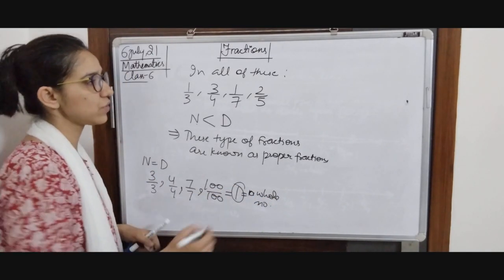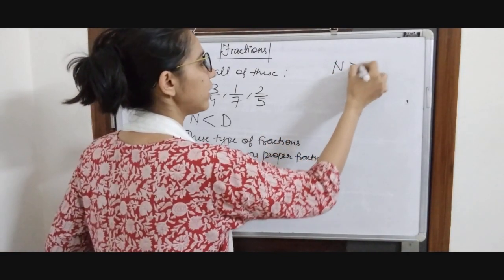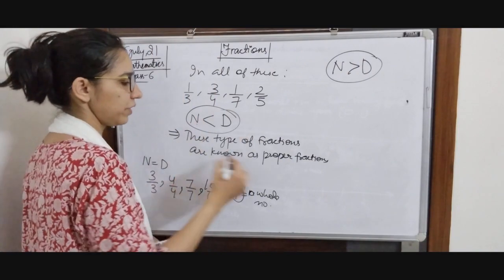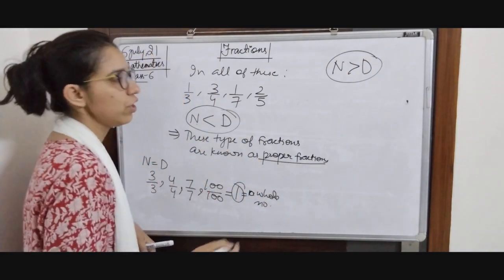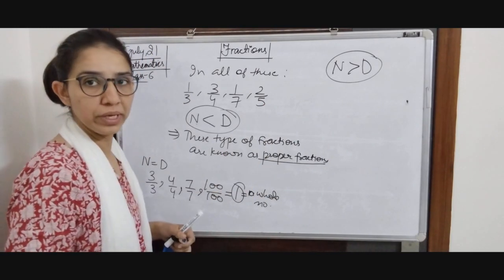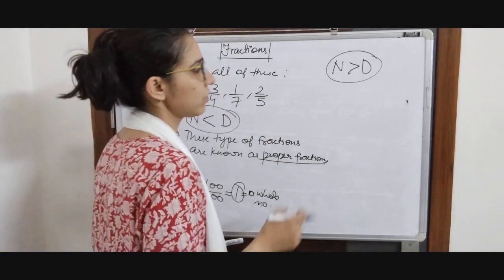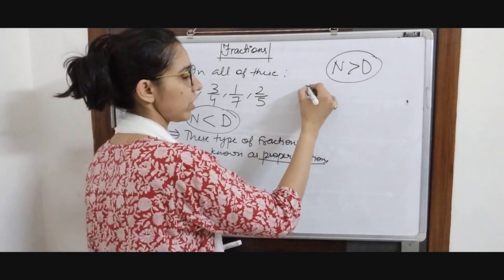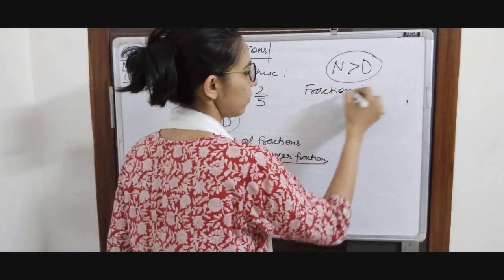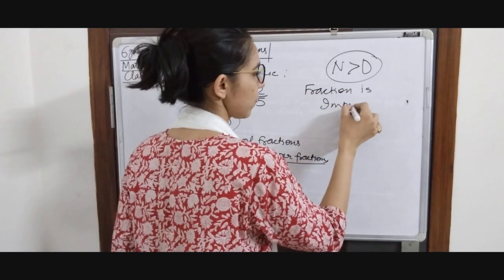And third is we have numerator greater than denominator. If numerator is less than denominator, we have a proper fraction. So what if numerator is greater than denominator? In that case our fraction is improper.